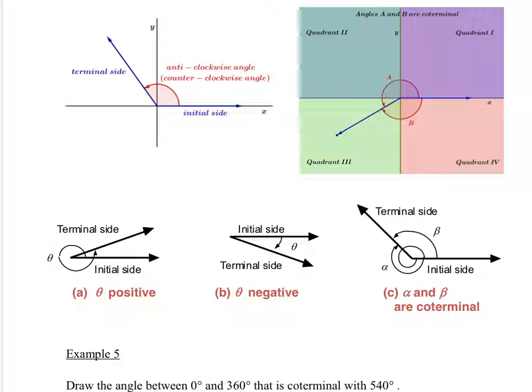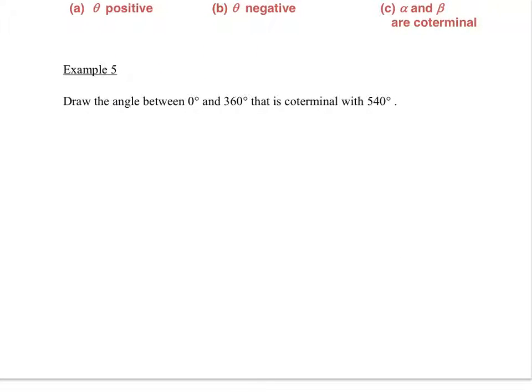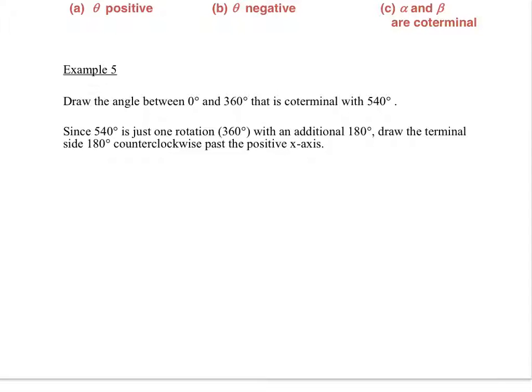Now there's an example down here. We have to draw an angle that's between positive 0 degrees and positive 360 degrees that is coterminal with 540 degrees. Now 540 degrees is just 360 degrees plus another 180.